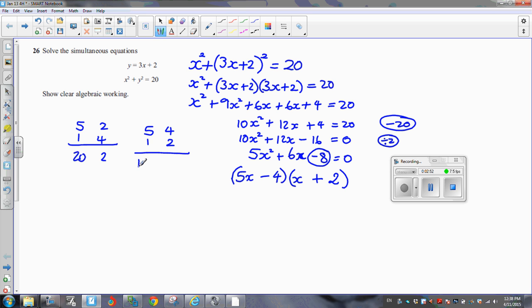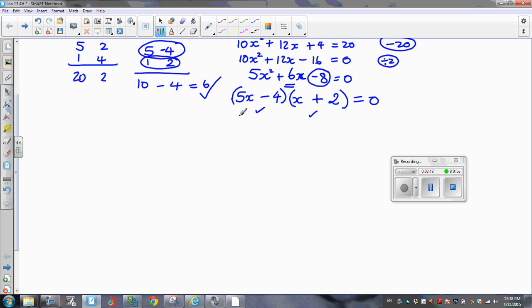Well, I can see 5 times 2 is 10. 4 times 1 is 4, which means that if I can make the 10 positive, so let's make this positive and the 4 negative, that'll give me 10 take away 4, which is 6. Correct, because I want 6 here in the middle. So my two brackets will be 5x minus 4 and 1x plus 2. So there's my factorized version.